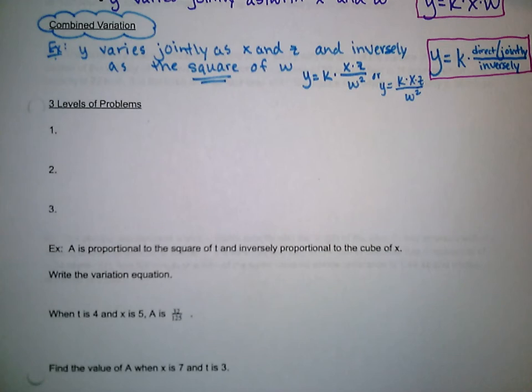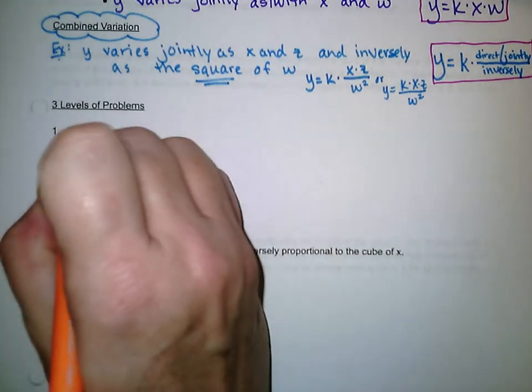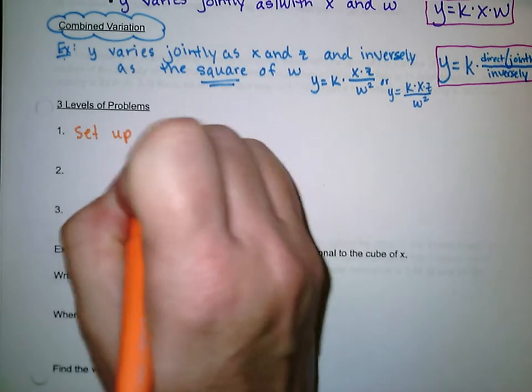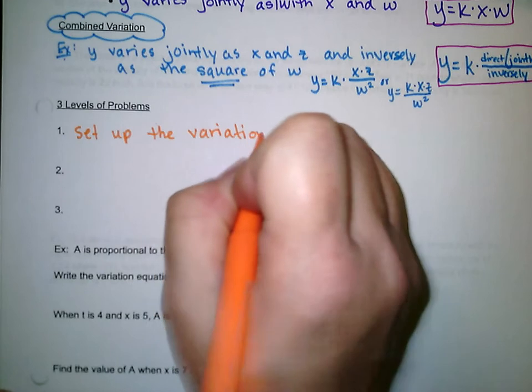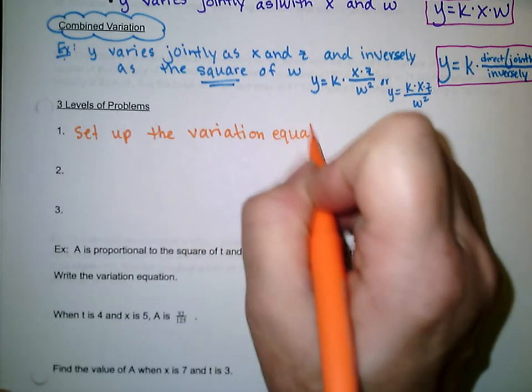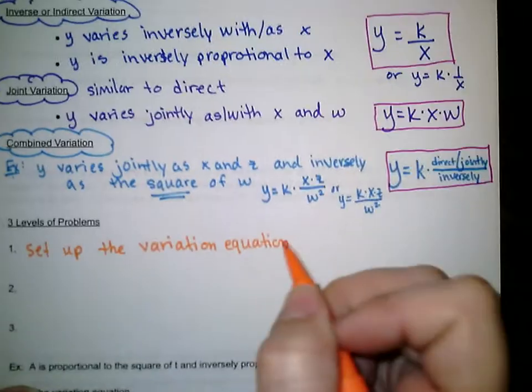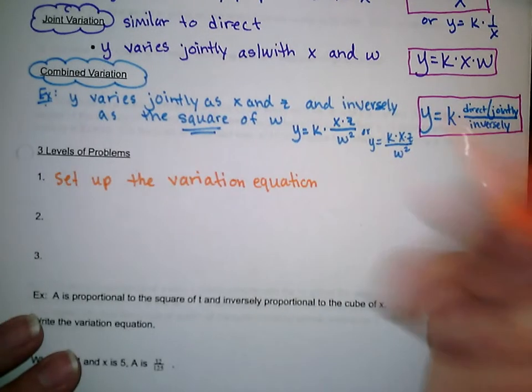Okay, there are 3 levels of problems that you will be asked to do with these variation problems. Level 1 is just to set up the variation equation with all variables. So similar to what we have up at the top here, there's no numbers in there, other than the squared.